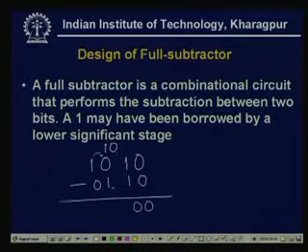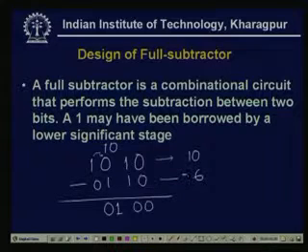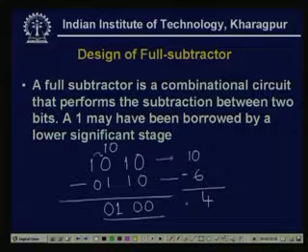So, 1 0 minus 1 is 1, and the borrowed 1 is taken, so the result is 0 1 0 0. If I take the decimal equivalent, 1010 is 10, 0110 means 6, and the subtraction gives 4, which is our 0100.